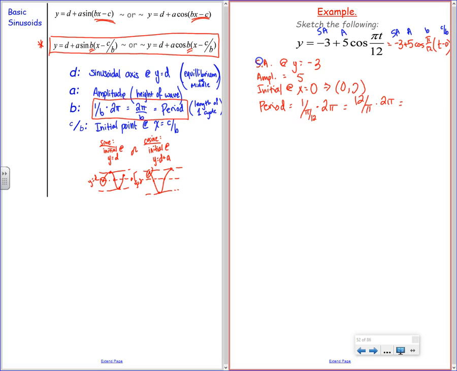Plus 5 is 2. And then if we simplify this real quick, the pi's cancel out. We have 24 as our period. And if we were to do quarter cycles, that helps us know how to split up our graph. That's going to be 1/4 of 24, which is every 6.